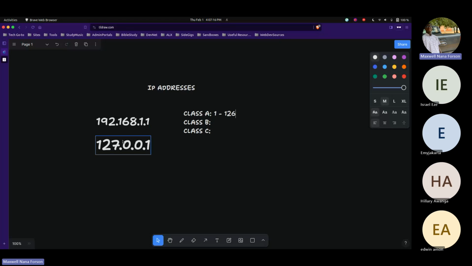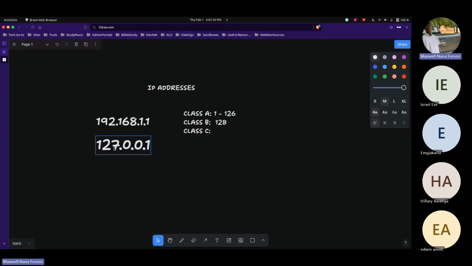If you see any IP address starting from 1 to 126, it is within the class A IP addresses. Then class B continues from where this one ends. But remember that 127 is still reserved. Any IP address that starts with 127 is reserved for the machine itself. It doesn't go anywhere. It's just on that same system.